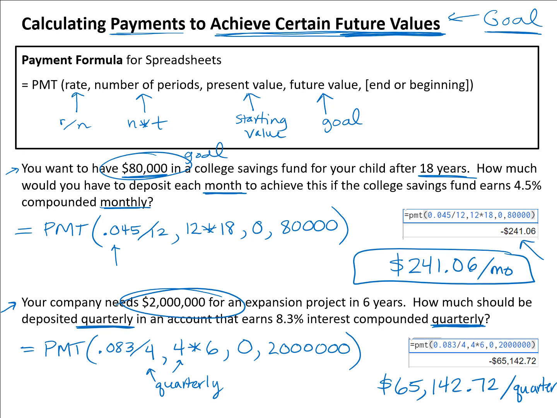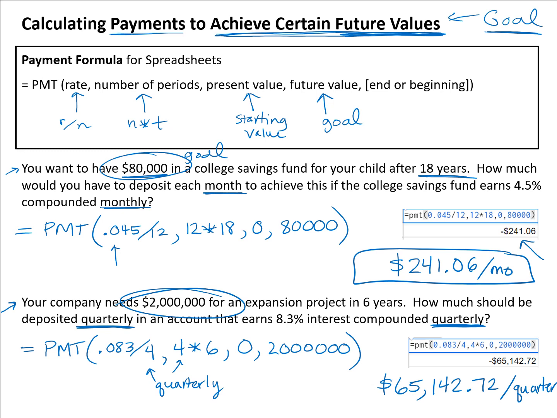Now, if you work this out, $65,000 seems like an awful lot to put down per quarter, but remember this is a company, not an individual. And you might say that's still a lot to put aside, but if you work that out, putting that amount of money in 4 times a year over 6 years, your deposits come out to be just over $1.5 million.